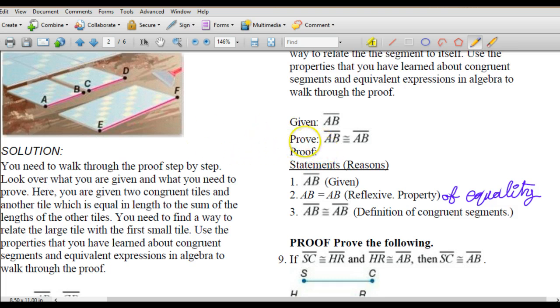So we write the definition of congruent segments when we have two lengths being equal and then the segments being congruent, or vice versa. If step 2 said segment AB is congruent to segment AB, then we can say that AB is equal to AB also by the definition of congruent segments.